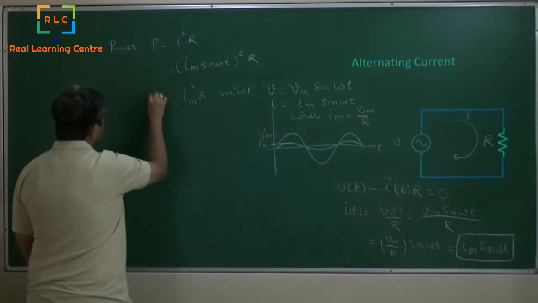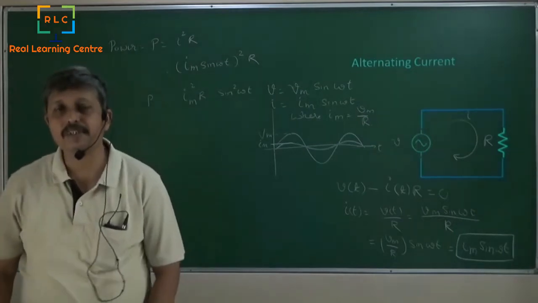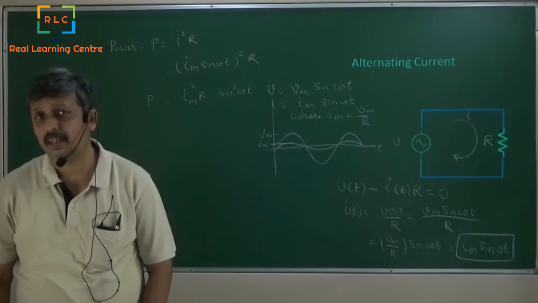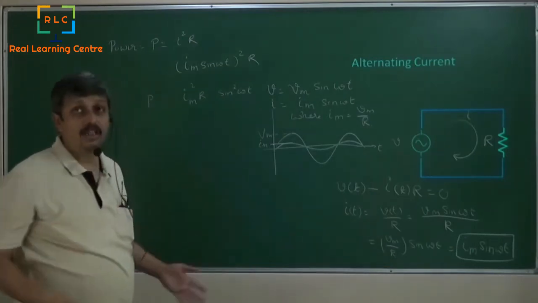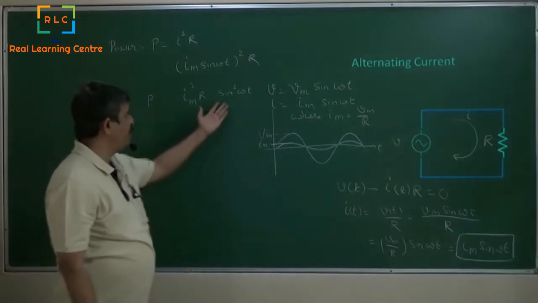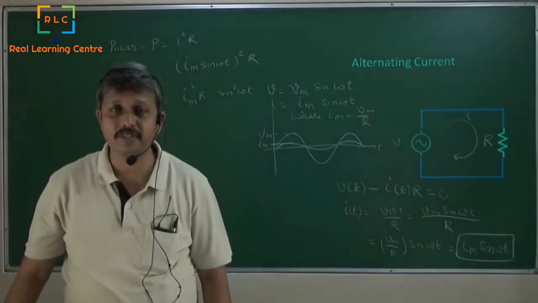Now if you see, this is basically instantaneous power, which means that power is changing, not just current and voltage. Power is changing as sine square omega t. You can see that very clearly.